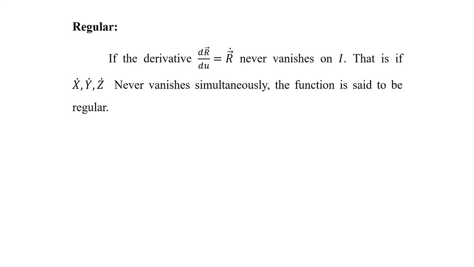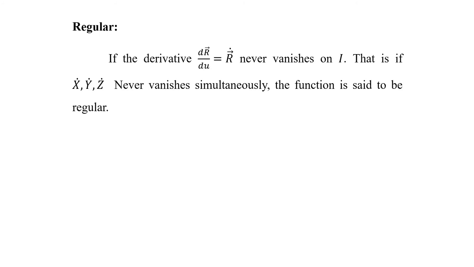Next definition, regular. If the derivative with respect to u is non-vanishing on I, then it is said to be regular. In differential geometry, we follow two notations. One is dot: if we differentiate r with respect to the independent parameter u, we use the dot symbol. If we differentiate with respect to s, we use the dash notation.